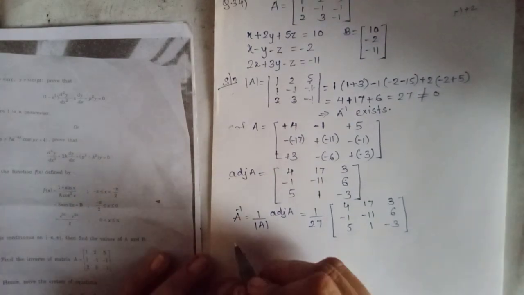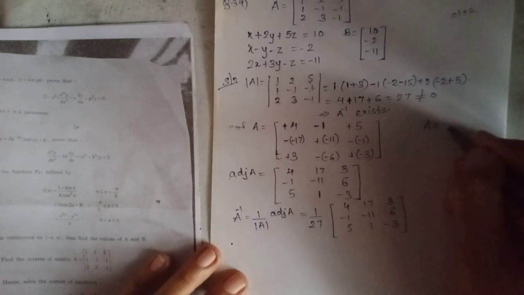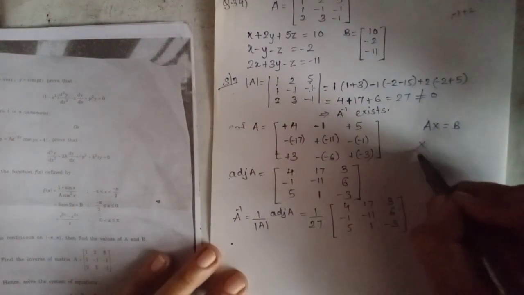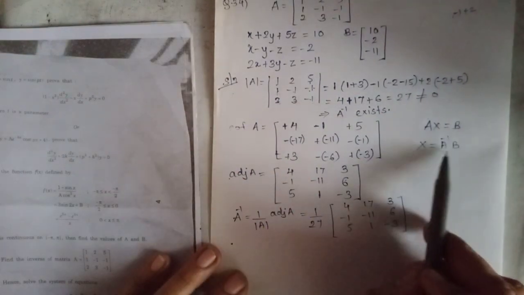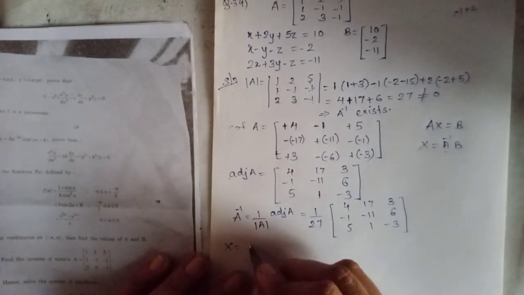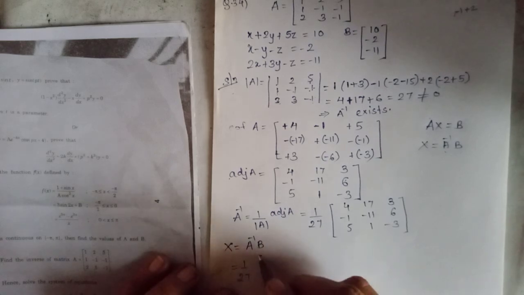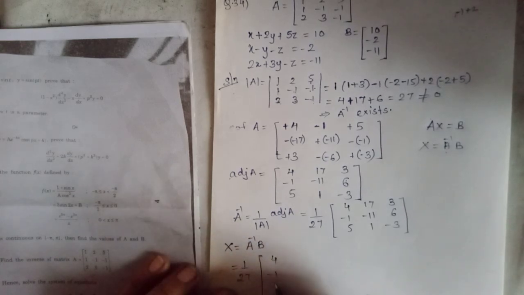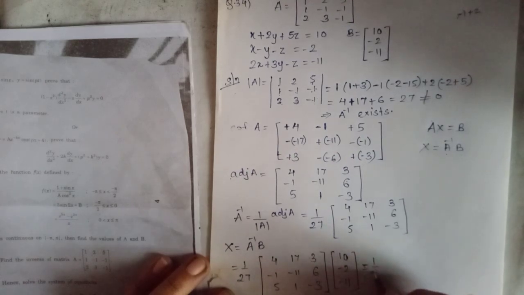We have the equation Ax equal to B, right? So we have to find x. So this is A inverse B, so we have to multiply A inverse with B. The B matrix is 10, minus 2, minus 11.